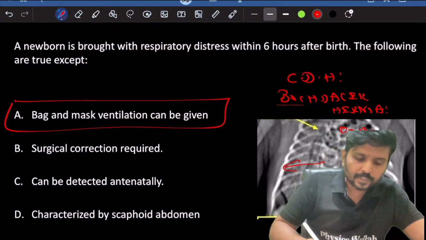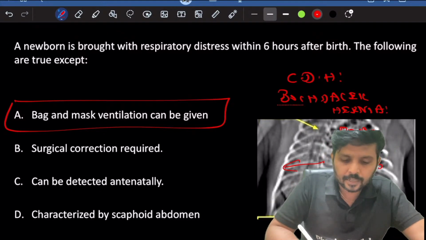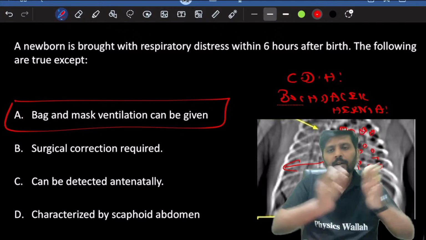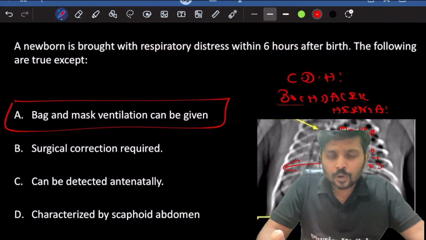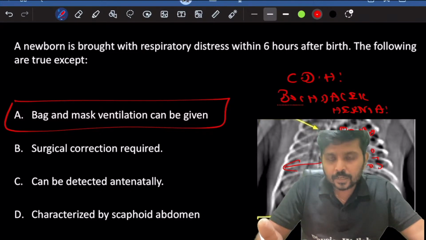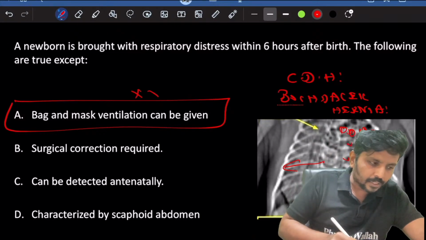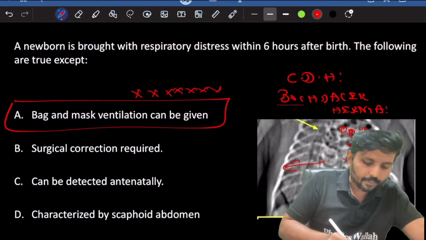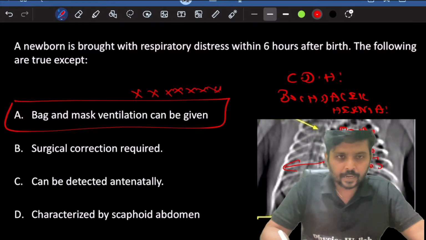As a result, the intestines that are present in the chest cavity will be enlarged, leading to compromise of your airway. That's why bag and mask ventilation is contraindicated.